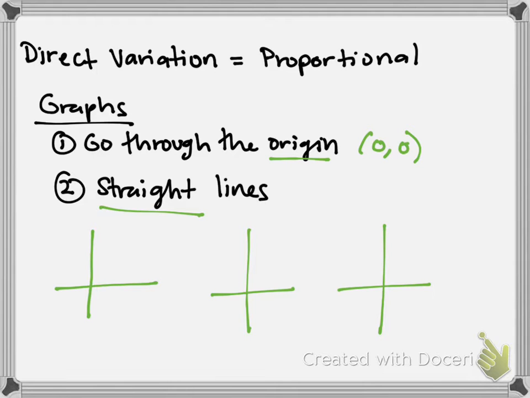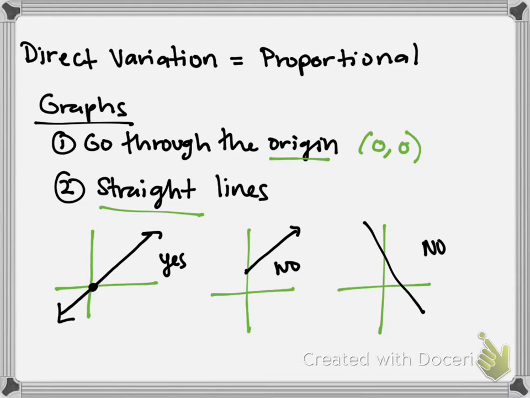Is this one direct variation? Yes. Why? It goes through the origin and it's a straight line. Is this one direct variation? It is a straight line, but it does not go through the origin. So no, it is not. Is this direct variation? No, it does not go through the origin. Hopefully that sounds familiar to you.